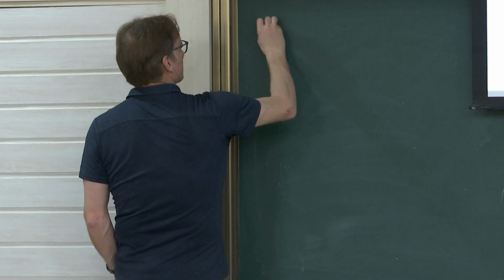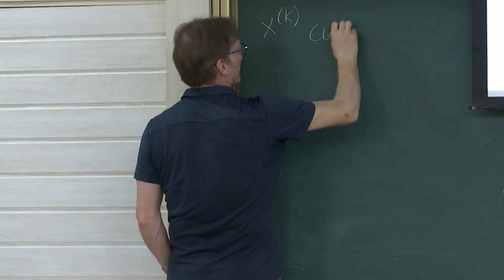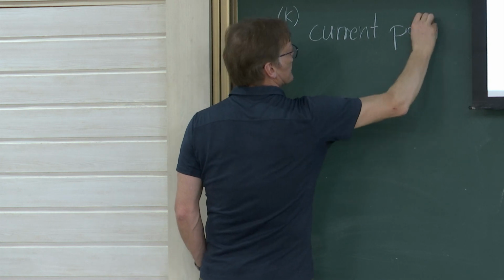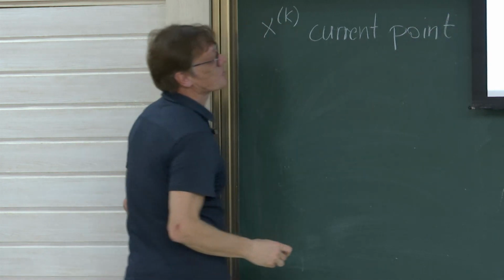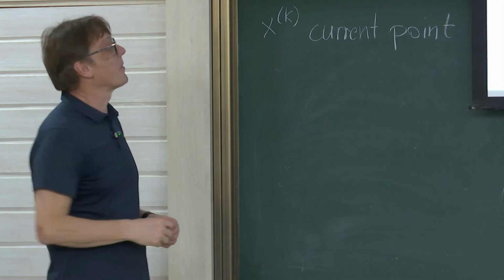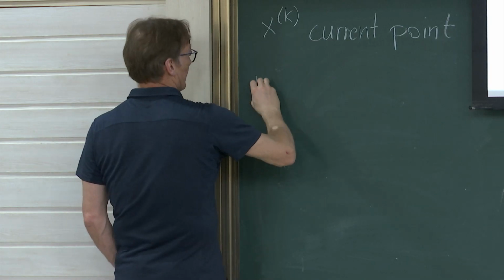I'm at a current iterate, xk, that's my current point. And one way to construct my next point is to construct a Taylor approximation of this problem. So I'm going to replace my objective function by a second order Taylor approximation.